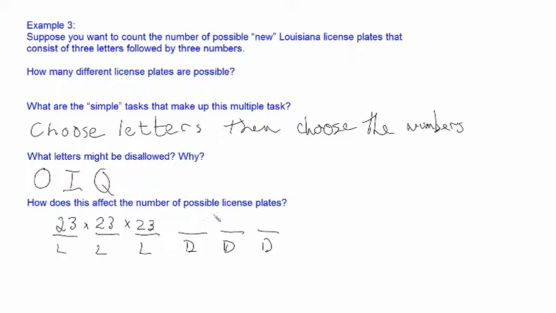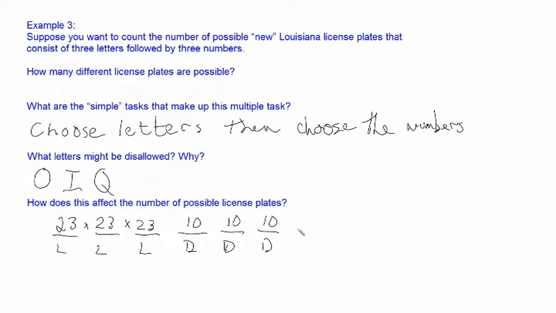For the digits, we have a choice of digits from 0 to 9. There are 10 of those digits, so for each of the numbers, we have a choice of 10, 10, and 10. And that's assuming that no digit has been disallowed.